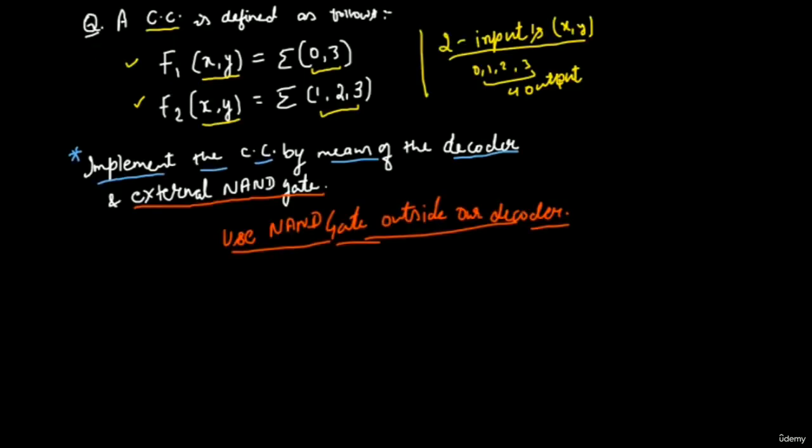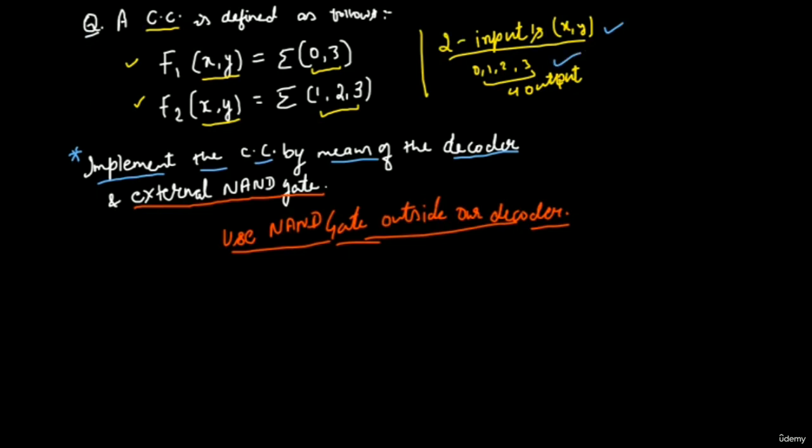This is X, Y, and let's name the outputs D0, D1, D2, and finally D3. These are the inputs that we have here, and these are the outputs. So we have implemented the input and the output.